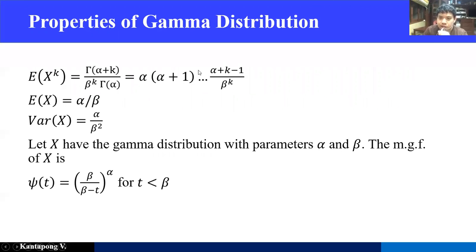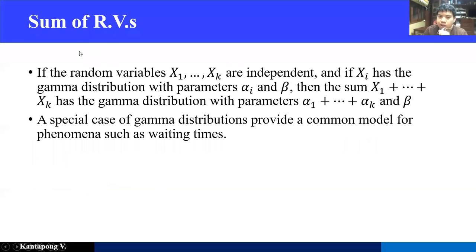The power is alpha, so if you have beta in common, and we have alpha 1 plus until alpha k because they are independent, then you still get a gamma distribution with the different parameter.